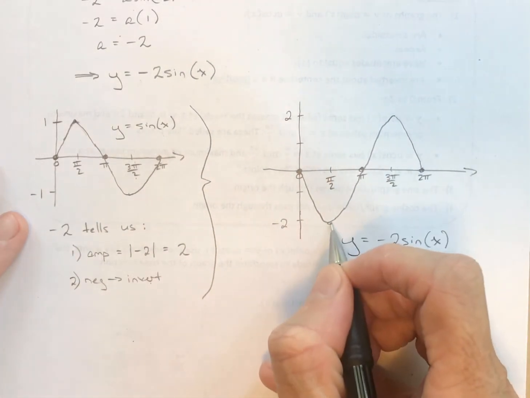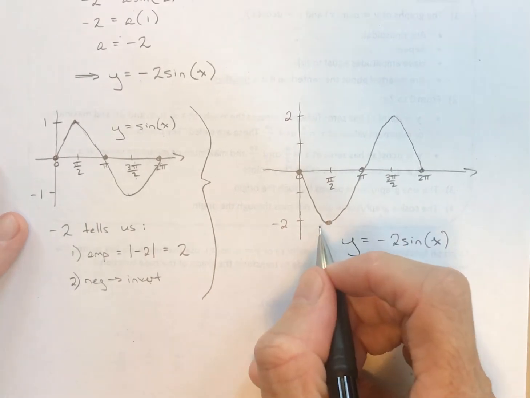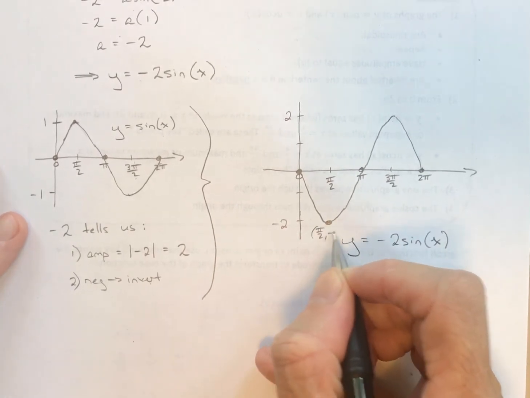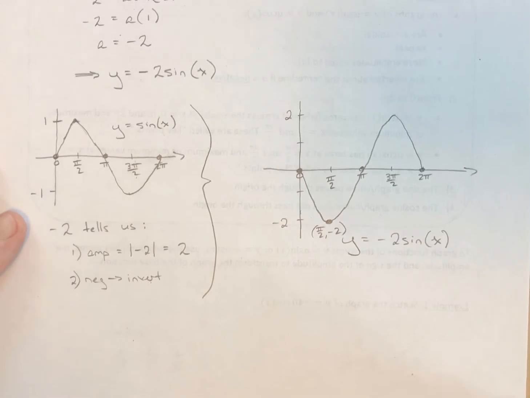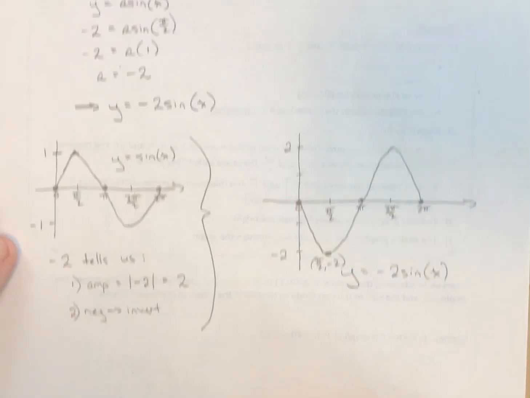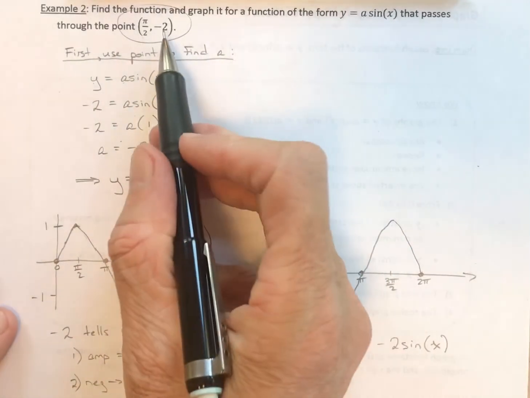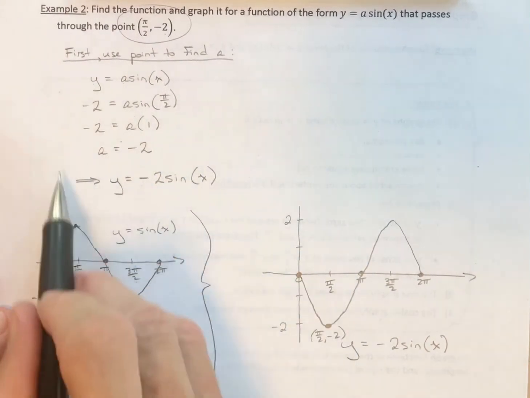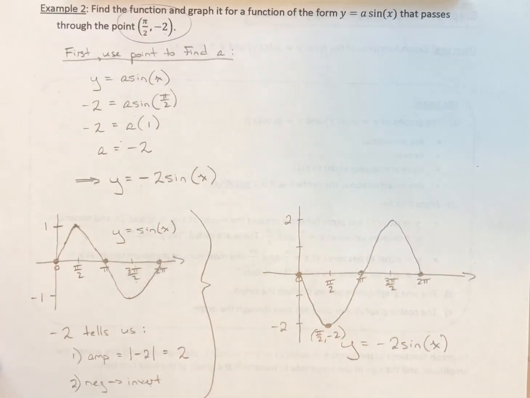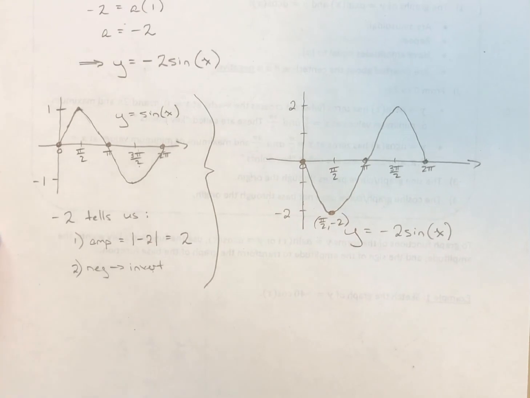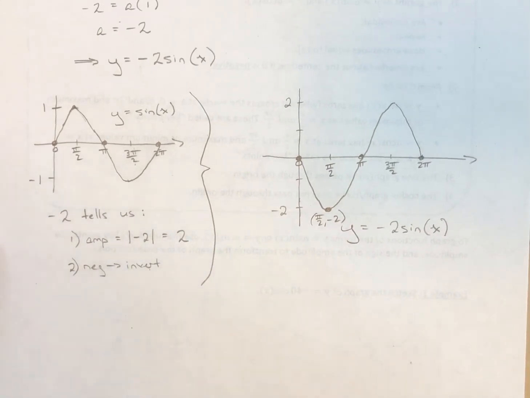Here's the point right here, pi over 2, -2. So we met the criteria, and we did that by using this point to find what the actual sine curve equation is. So there you have it, putting together some of the pieces. I think we're going to get next into shifts or maybe periods, but that gives you a sense of the basic sine and cosine functions and how amplitude affects them.